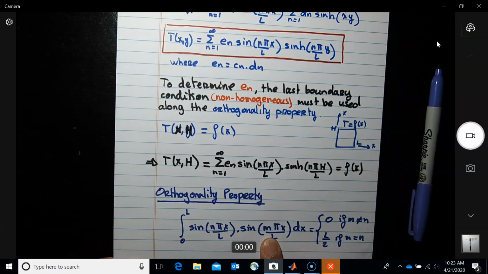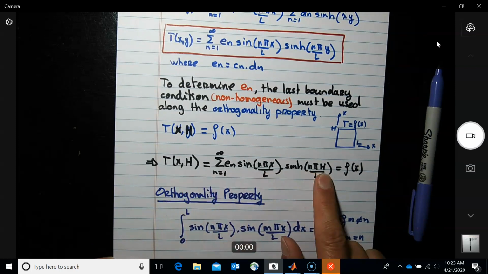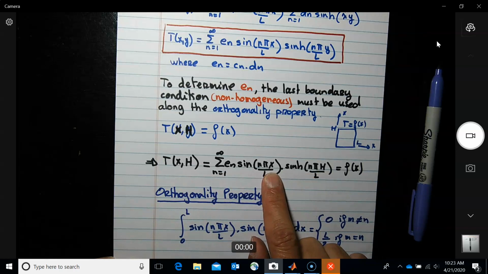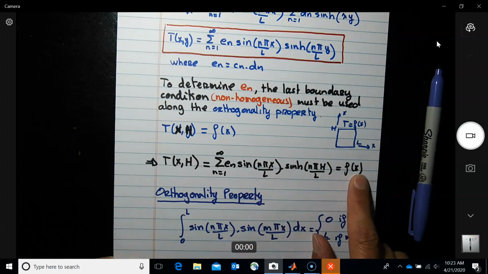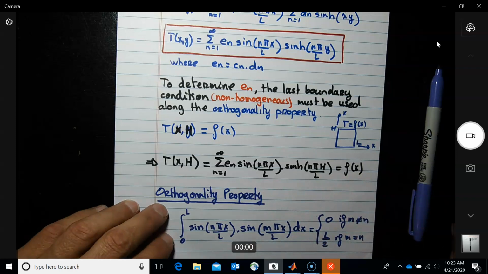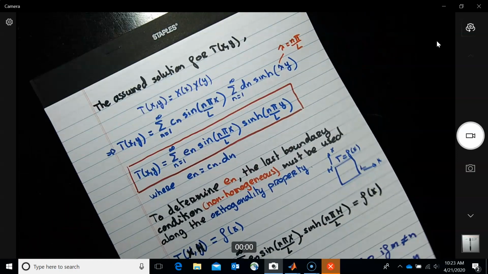So what we do next is just multiply this equation by sine n pi x over L on both sides and see what happens. We're almost done.